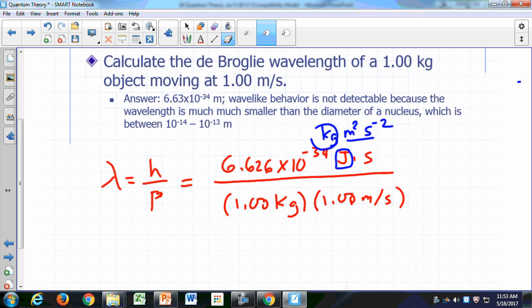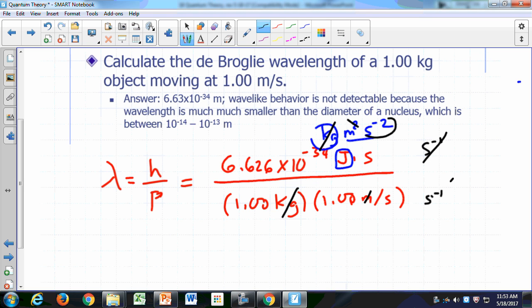So let's see what happens to our units here. Kilogram cancels out. One of the meters will cancel out with this meter right here. I have second to the negative 2 times second, that's second to the negative 1. That's per second in the numerator, and you have per second in the denominator. That also cancels out.